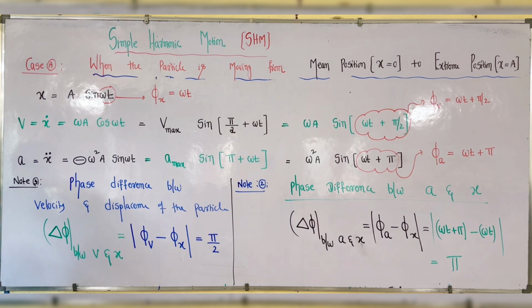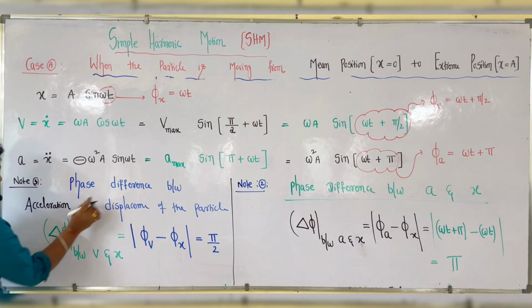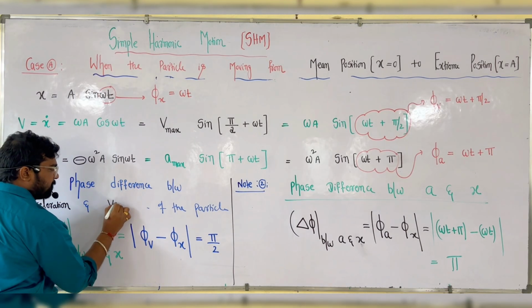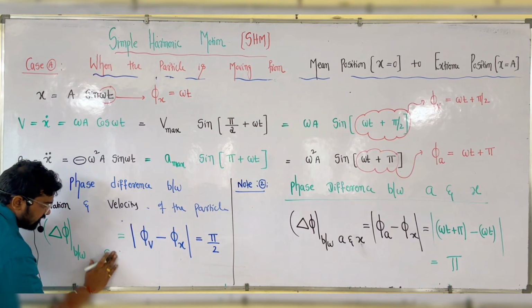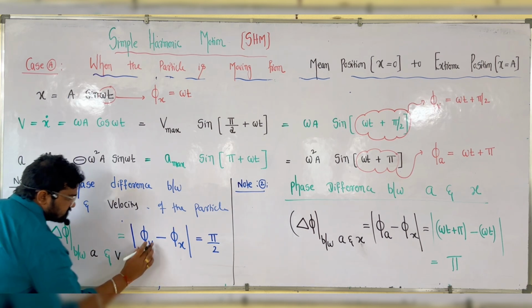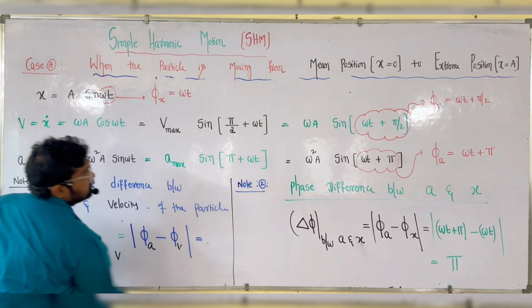Acceleration and velocity. This is how much?